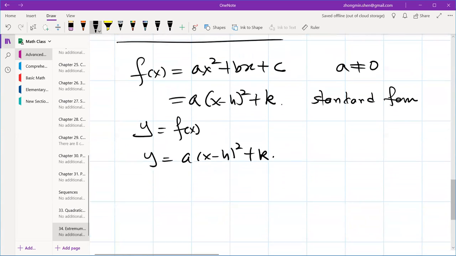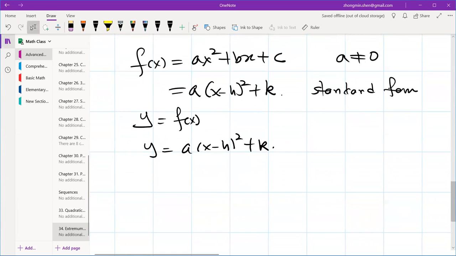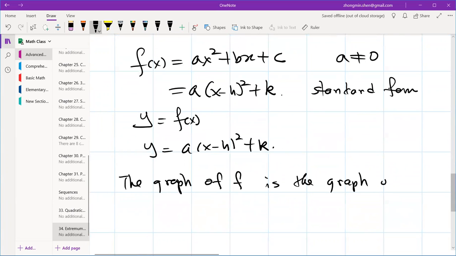And we know that the graph of this equation is going to be a parabola.